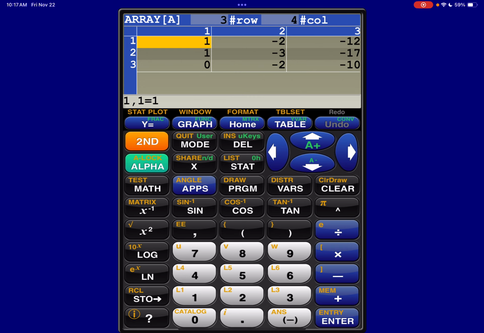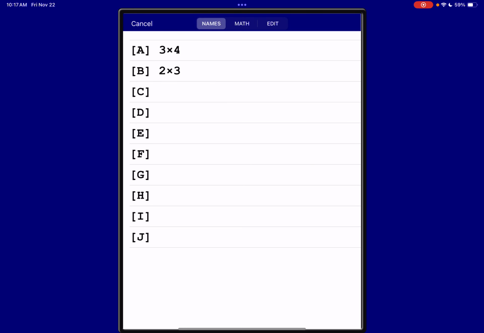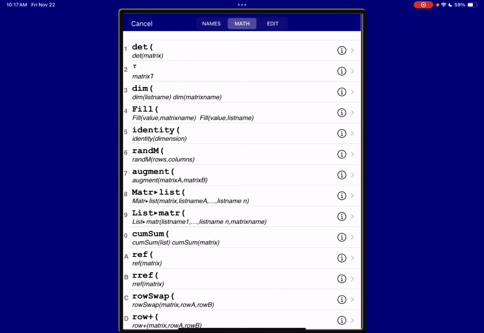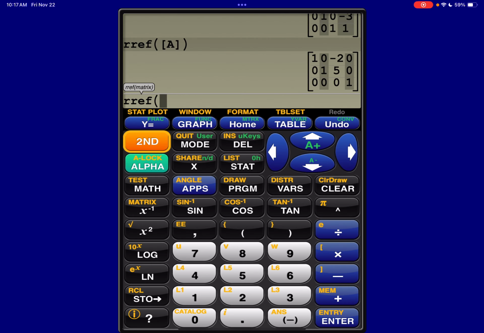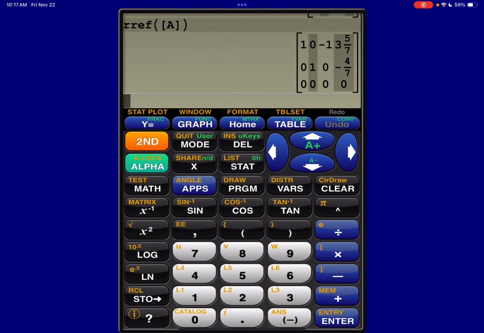And here are the coefficients. 1, 3, -1, 2. Jumps to row 2, -2, -6, 2, -4. Jumps to row 3, 2, -1, -2, 8. Okay, get out of here. Second matrix, math, rref, back to second matrix. For names, grab the name of matrix A.